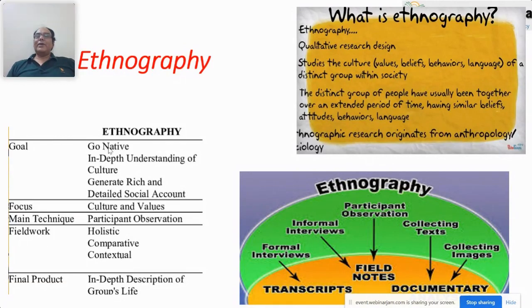You must identify the values, beliefs, behavior, and language of the people in that culture. After that, you can say that this is the whole culture which I understand, and if you want to do business with these people, you have to be very cautious about these things. So this study is known as ethnography.